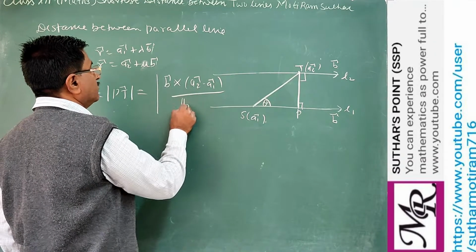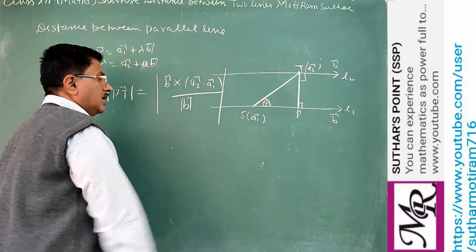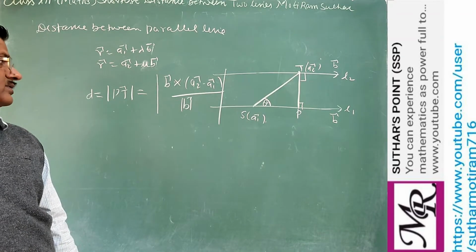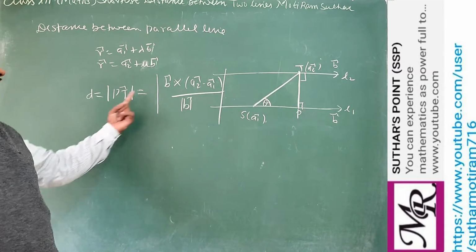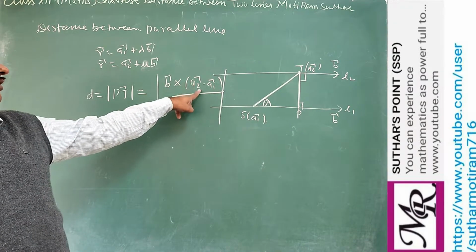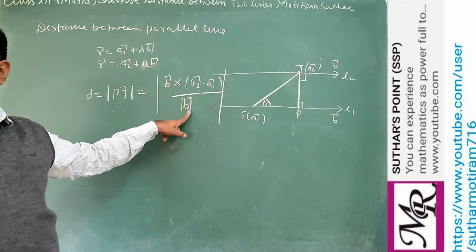So it is a very easy formula for finding the distance between two parallel lines. Clear? d equal to vector b cross vector a2 minus a1 upon mod b.